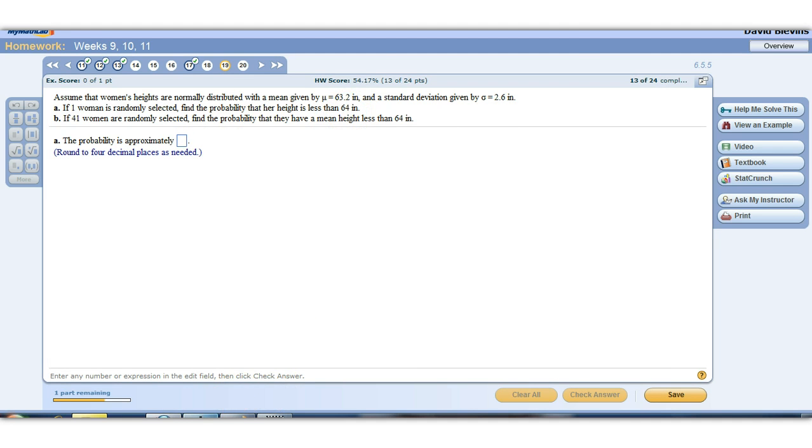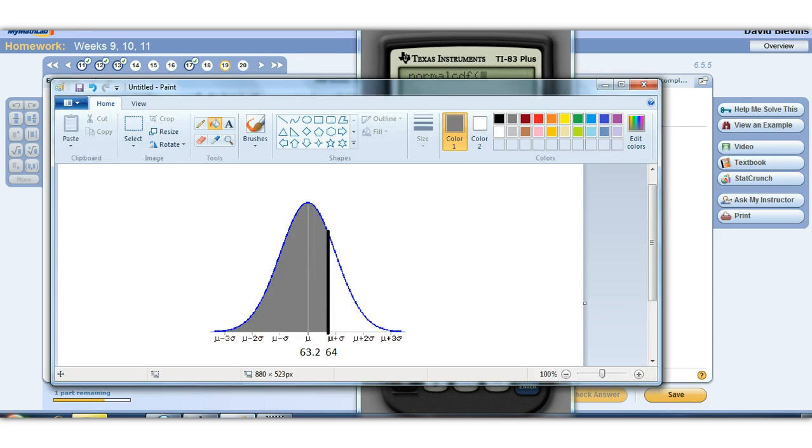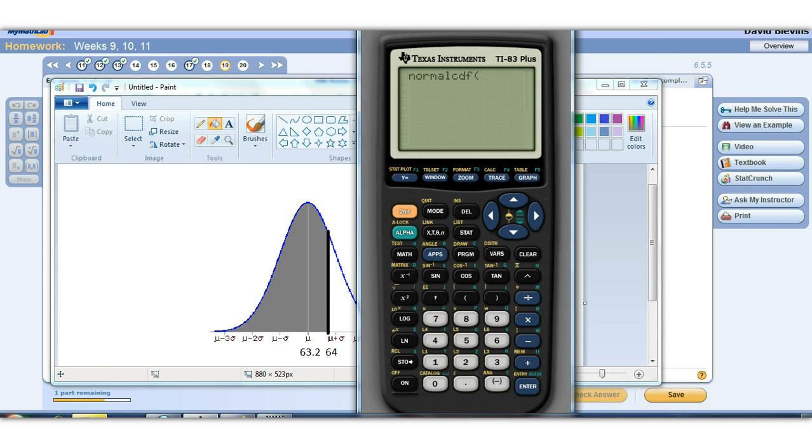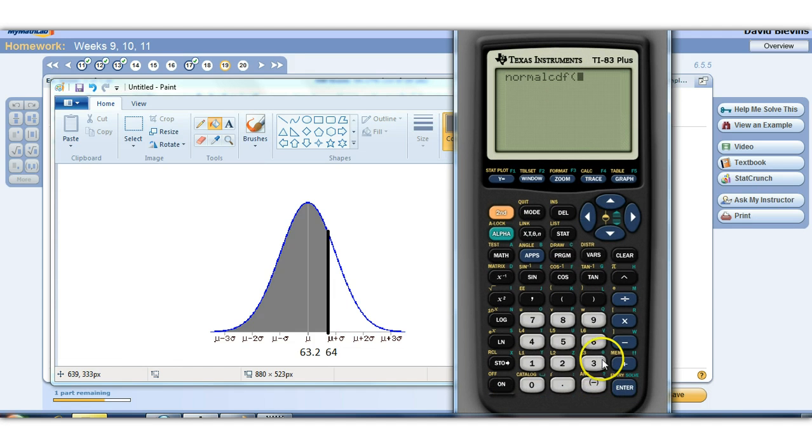The calculator will do it. Again, we're finding probability, so that's normal CDF's job. So normal CDF, where does this shading start? This shading starts way down here somewhere, a number that's really far away from the mean. So again, you can just use a bunch of 9s if you want to. Where does the shading end? The shading ends right here at 64.